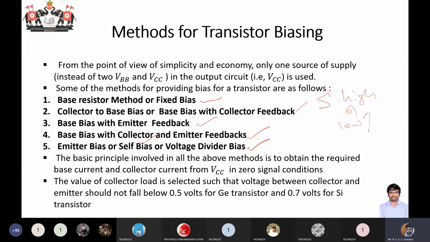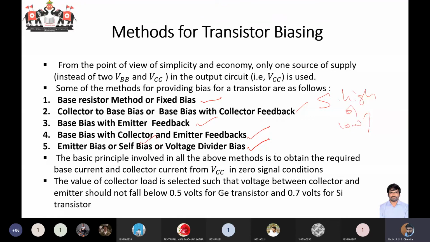So we have to check the transistor bias circuits. Till now, in all the transistor circuits, you were shown that for the input circuit you give one bias voltage, and for the output circuit you give another bias voltage. So we were drawing the circuits as if we are giving two different voltage sources or two different batteries. But in reality we will be giving only one voltage source.